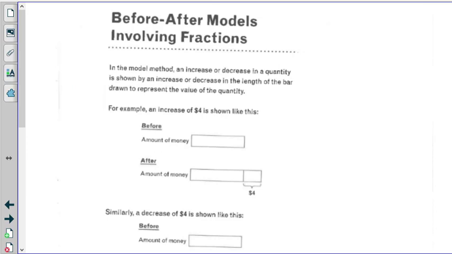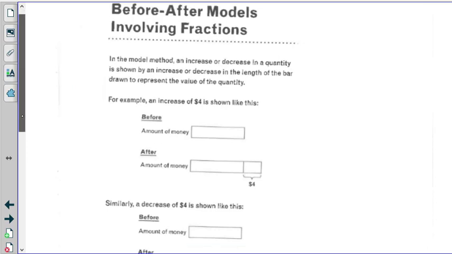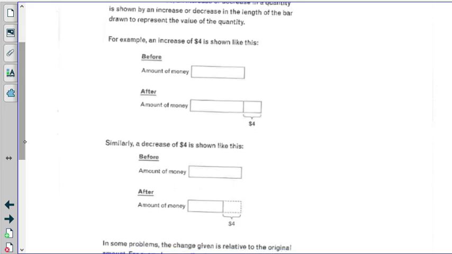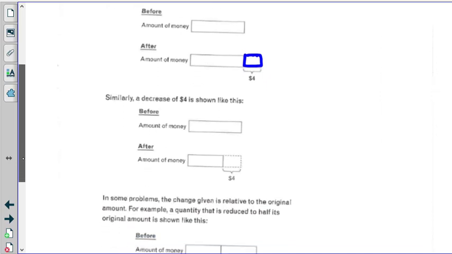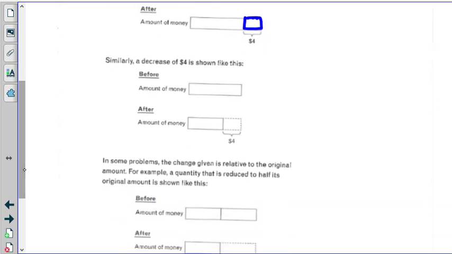Next page, before and after models involving fractions. For example, an increase of $4 is shown like this. A very tiny little bit added on here, $4. The amount of money that you had before, then you add on that $4. Similarly, a decrease of $4, notice it's dotted. That's how you show that it does not exist there.